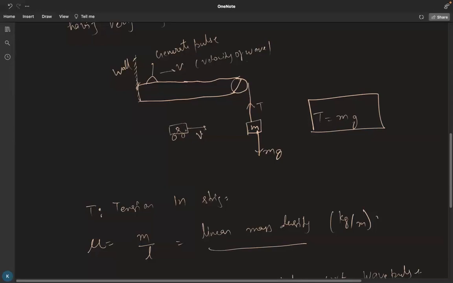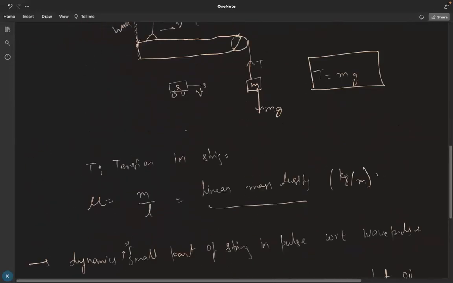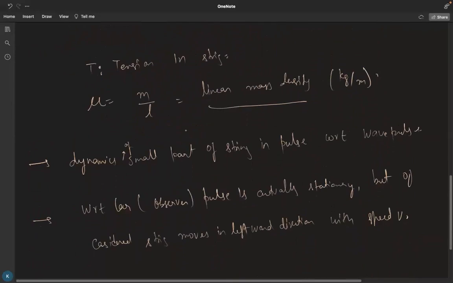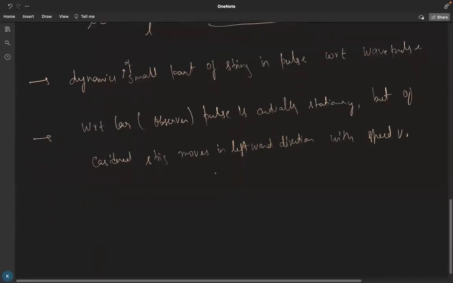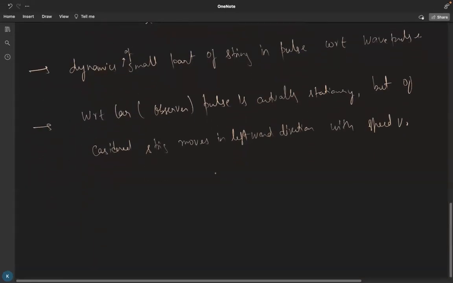So for the observer, the wave is stationary, right? But the considered string moves in the leftward direction with the speed v, and the particles in the element perform circular motion with speed v.